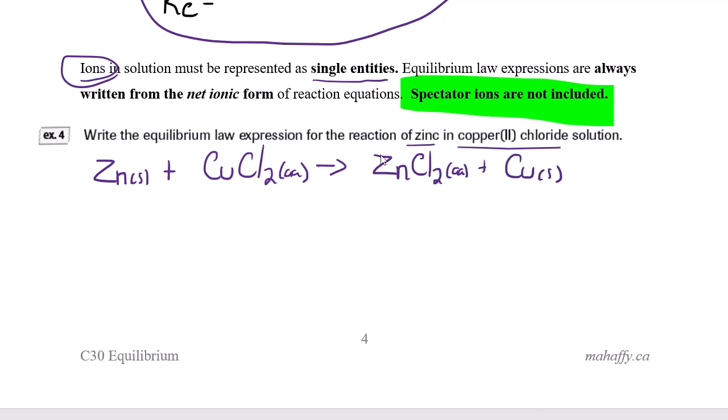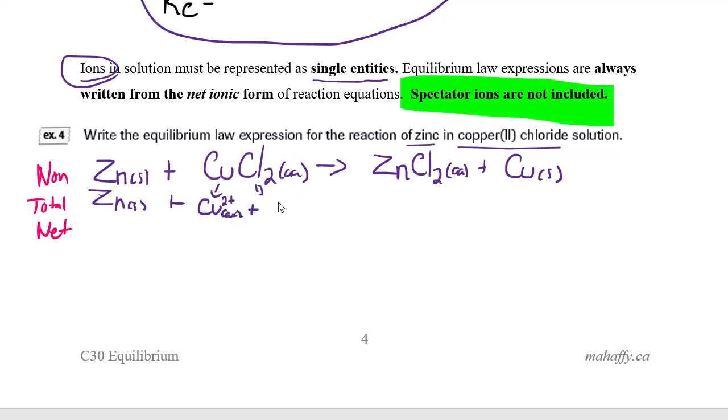So I need to write the total and the net first, right? So I have to do my total and net ionic equations. So in my total, anything that is an aqueous compound gets split up. So this guy is actually floating around as copper 2 plus ions and chloride ions.